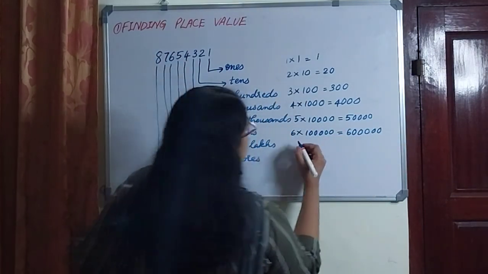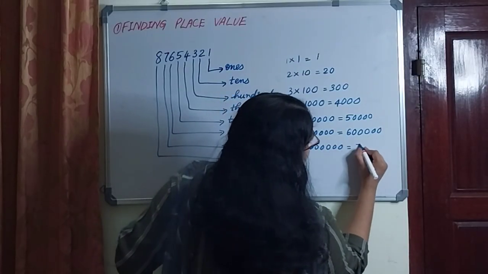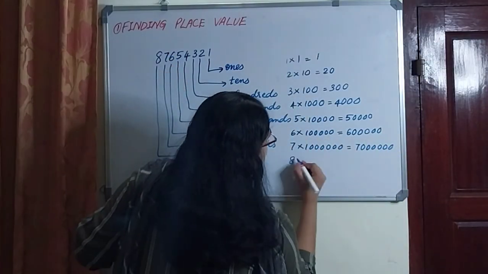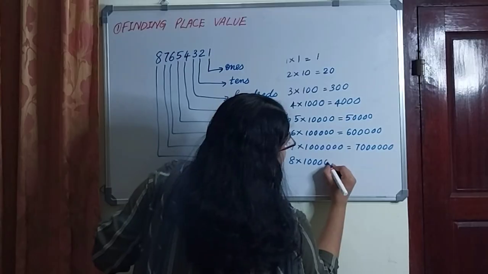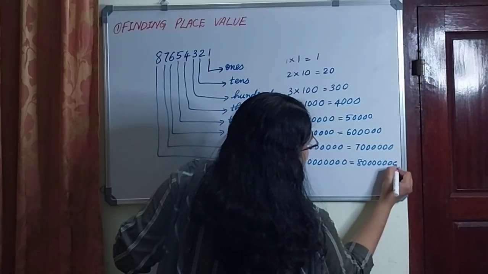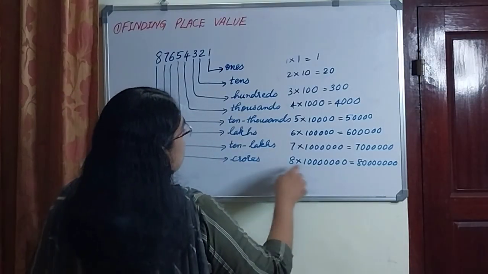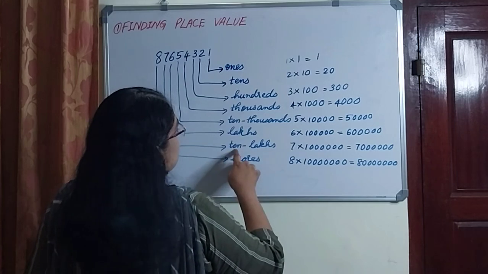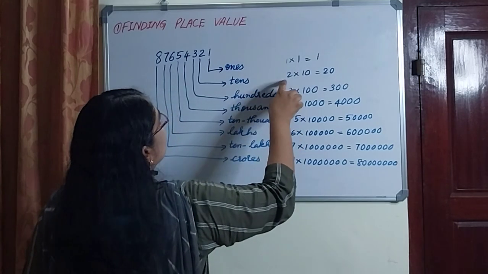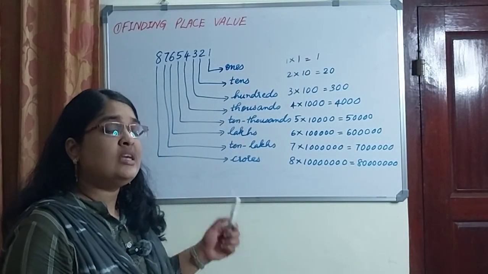Place value of 7, that is 7 into 10 lakh, that is 70 lakh. Place value of 8, 8 into 1 crore, that is 8 crore. Okay, so how to read this number? We can read it like 8 crores 76 lakhs 54,321. Like this we can find place value of any digit in any number.